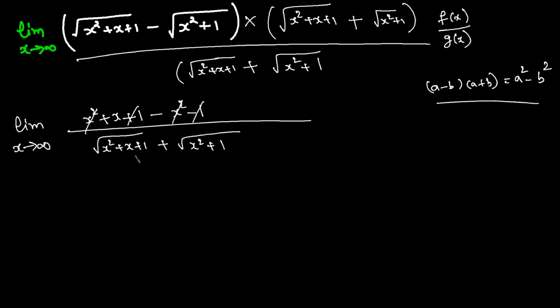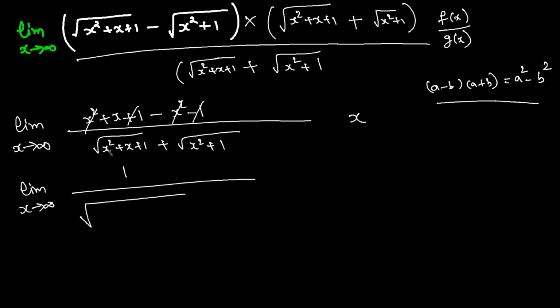As you see, the highest degree in the numerator and denominator is x, so we're going to divide the numerator and the denominator by x. As we divide the numerator by x, x over x gives me 1, and in the denominator I get the square root of 1 plus 1 over x plus 1 over x squared, plus the square root of 1 plus 1 over x squared.